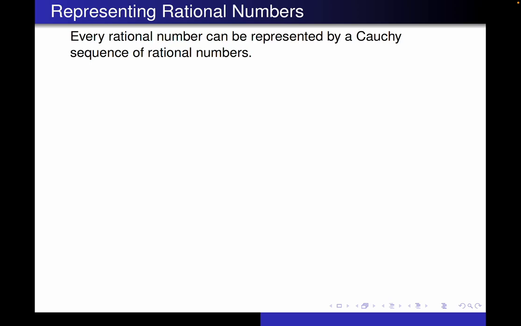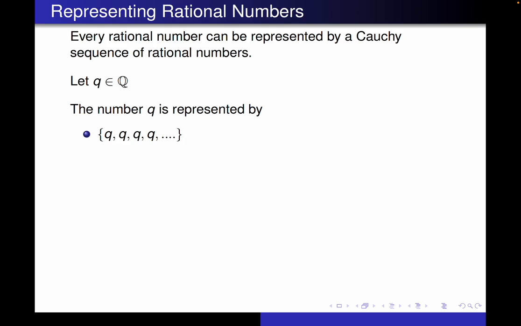All right, so in our course, I want to first note that every rational number can be represented by a Cauchy sequence of rational numbers. So if Q is a rational number, here's a sequence that Q is represented by. It's pretty boring. I mean, Q itself is a rational number, so it can be a term in the sequence. It could be all the terms in the sequence.